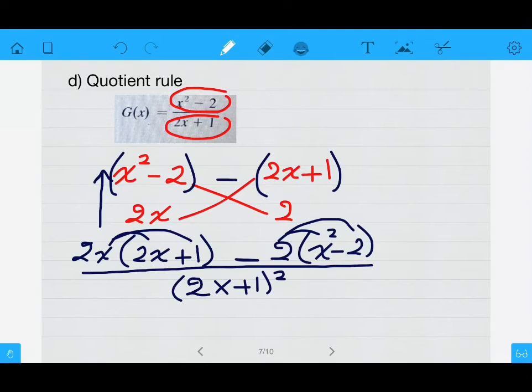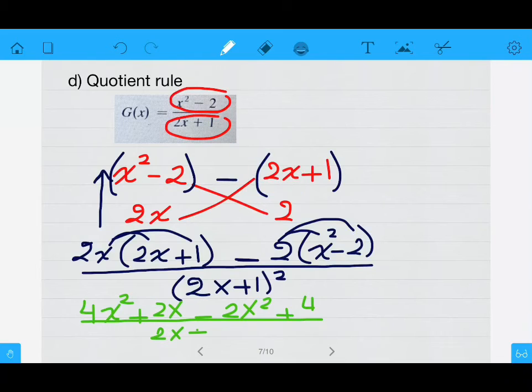We can see we have 4x squared plus 2x minus 2x squared plus 4 over what we have here, 2x plus 1 squared. Then what is the answer?